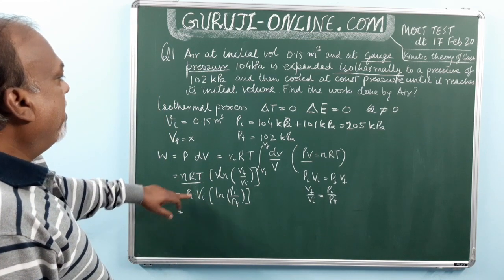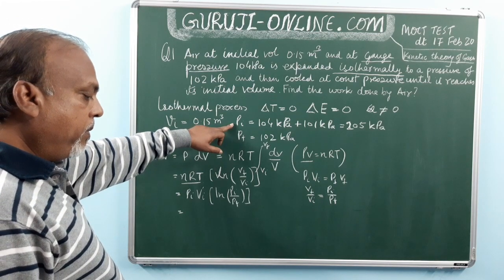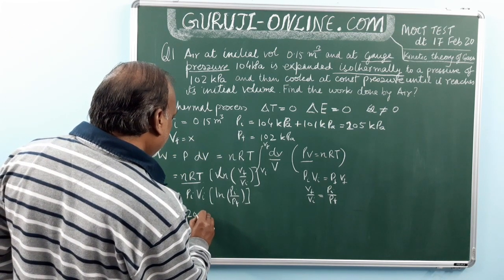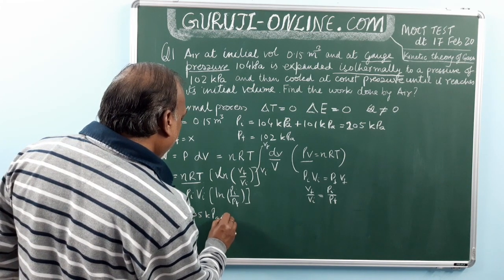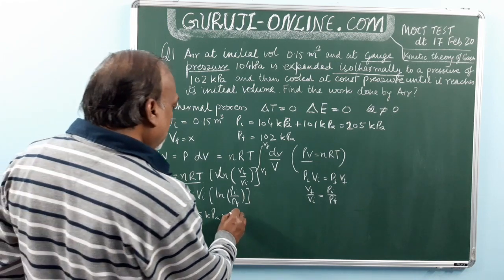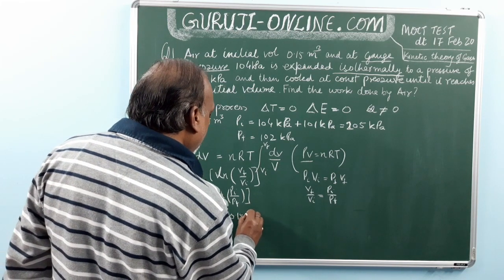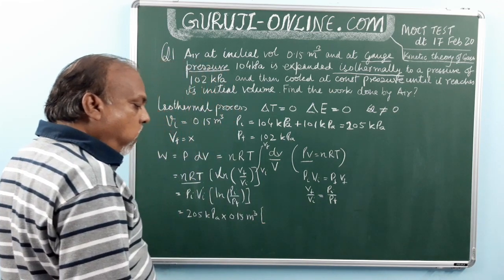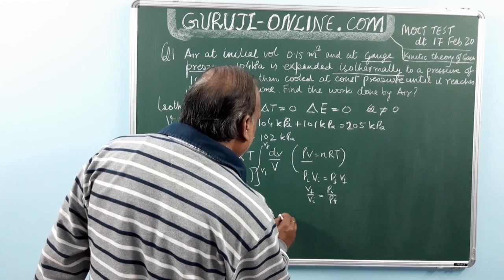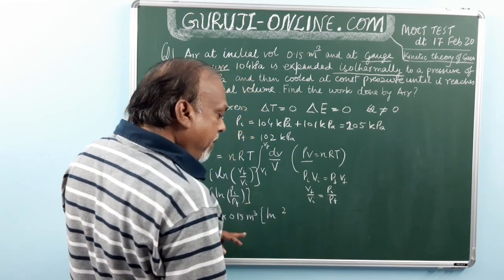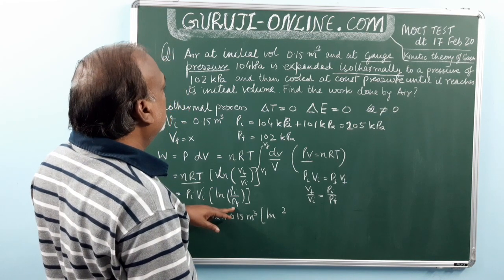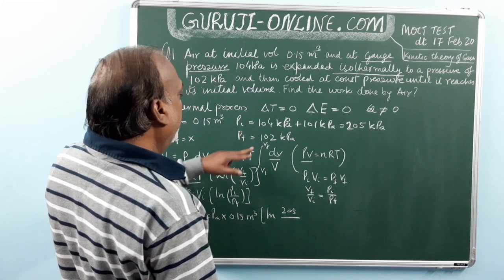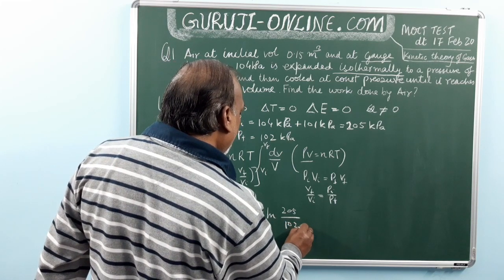Here PI we know, 205 kPa. VI we know, that is 0.15 meter cube, into ln 205 upon PF, which is your 102.